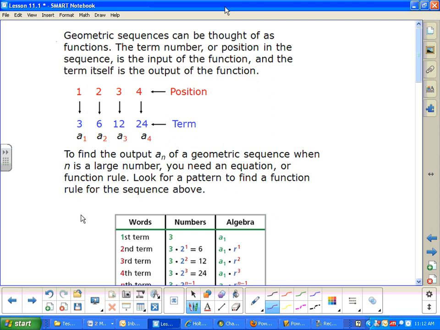But exponential functions, when we graph them, they either look like this, or they look like this. The one that goes up is for exponential growth, and the one that goes down is for exponential decay.